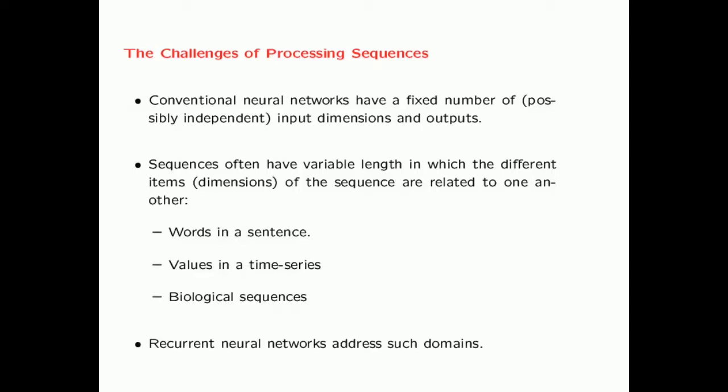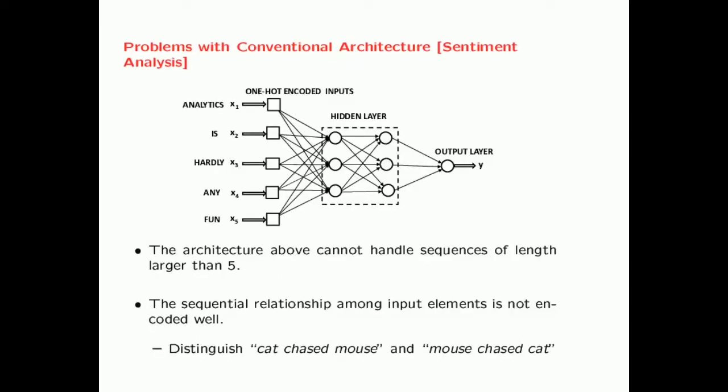Furthermore, the length of a time series may be variable. Similarly, in biological sequences, you have sequences of, for example, amino acids, and again the length can be variable. So recurrent neural networks can address such domains by building an architecture which is aware of these specific properties of sequences.